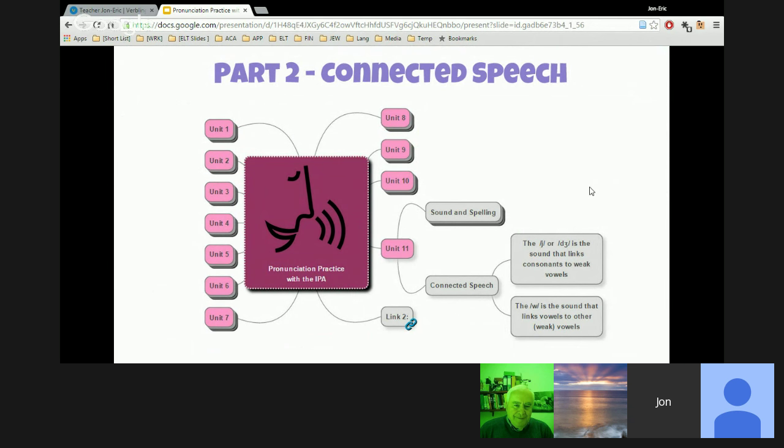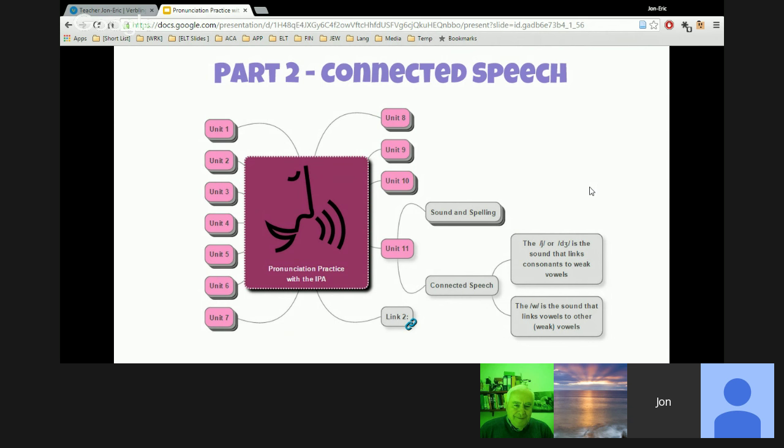So on the two little information bubbles there in our map, you can see this letter J, which is actually pronounced like a Y in the International Phonetic Alphabet.